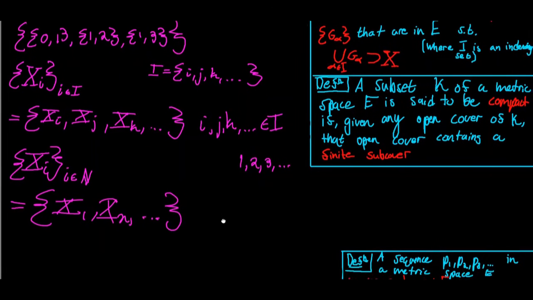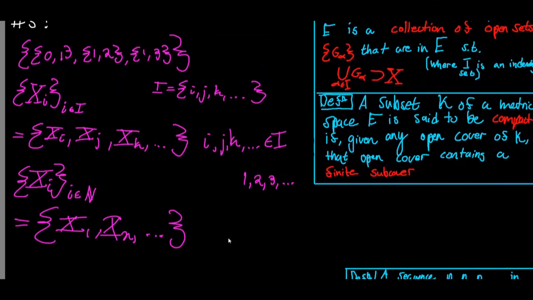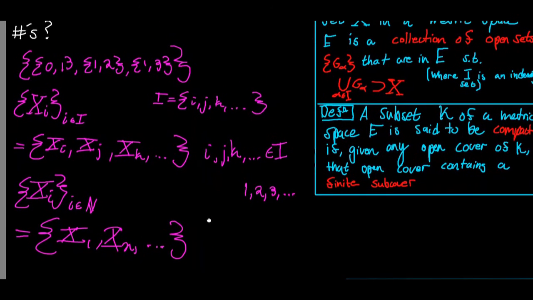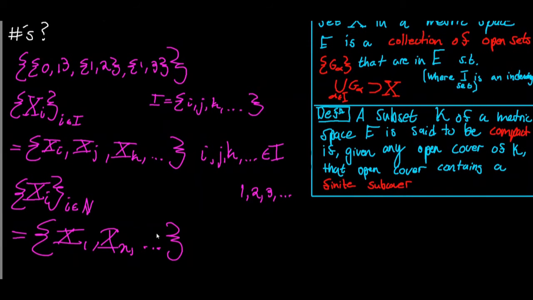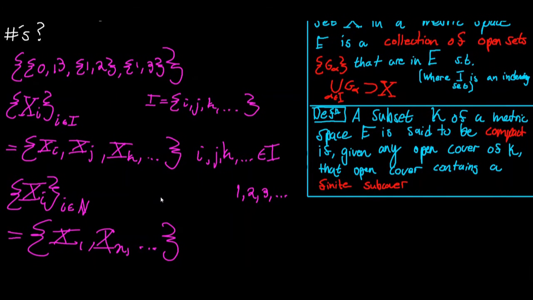But check this out. This only accounts for the possibility of me having a countably infinite number of sets x sub i. But what if I wanted to talk about an uncountably infinite collection of sets? In this way I index this collection of sets, each of these specific sets x1, x2, and so on.